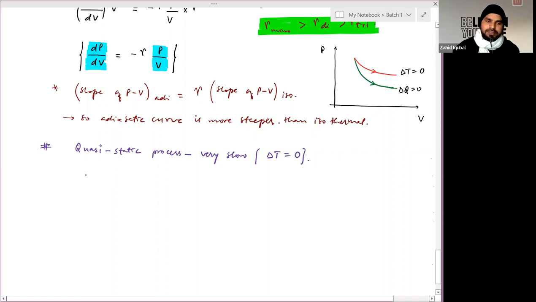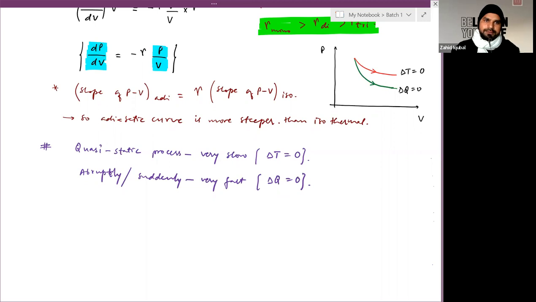And if a process is taking place very fast, abruptly, all of a sudden, then it would be considered adiabatic.